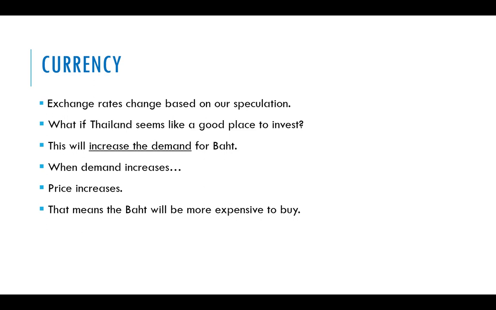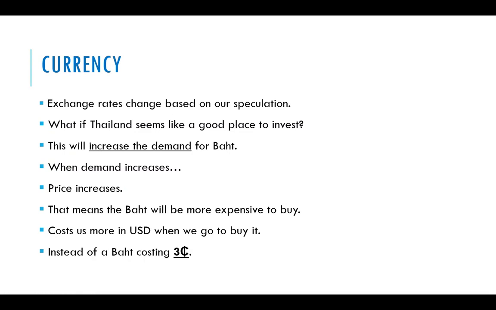So when I say the price of a baht goes up, that means it costs more to buy their currency. Their baht are going to be more expensive to buy. So that means it's going to cost us more in US dollars when we go to buy it. So when baht are expensive, you and I are going to have to spend more on goods and services, right? So that probably makes intuitive sense.